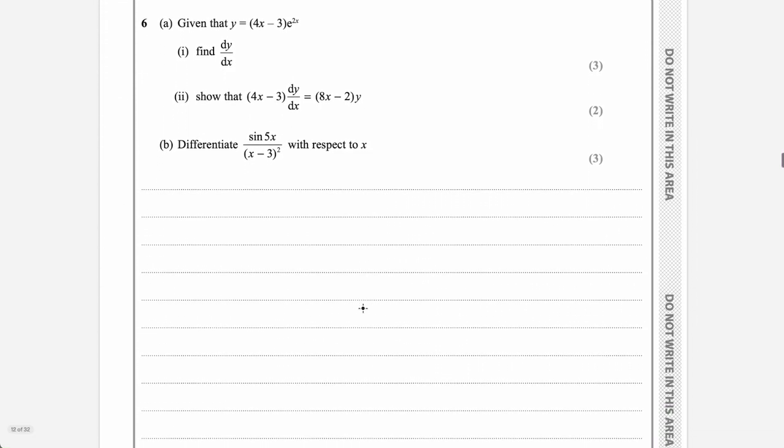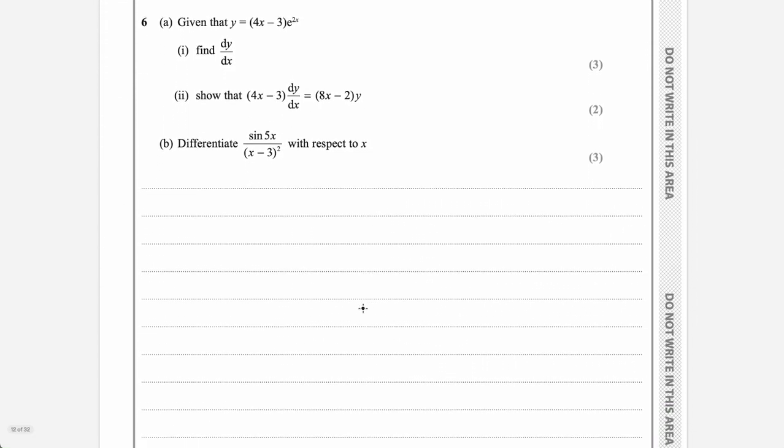This is question 6. Given that y equals this, find dy dx. And then, okay, let's do that first, guys. This is a product rule. So we have y equals 4x minus 3 times e to the 2x.